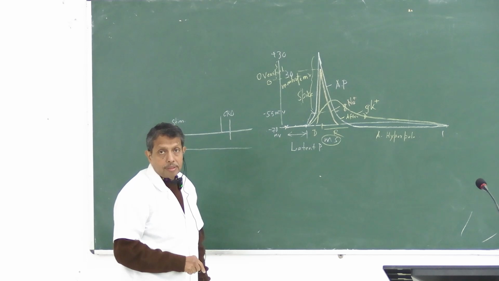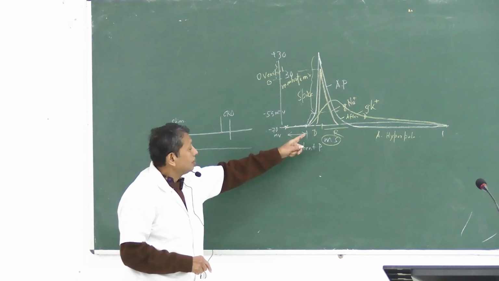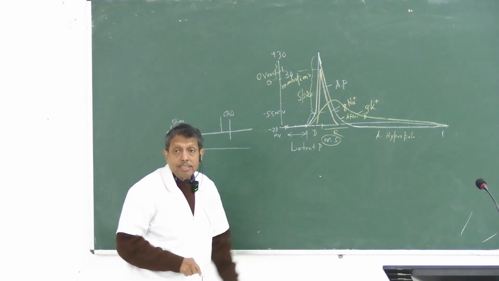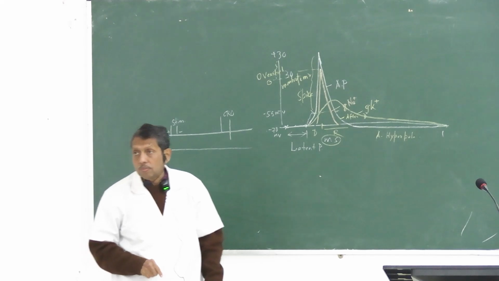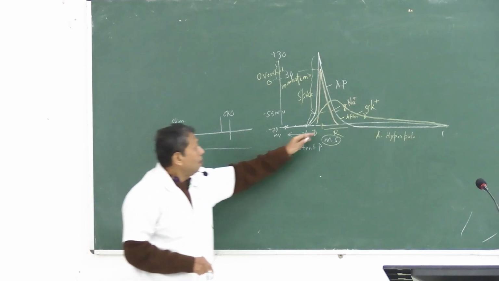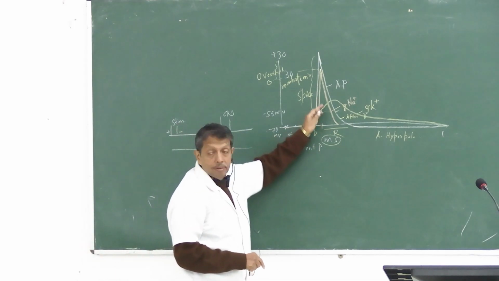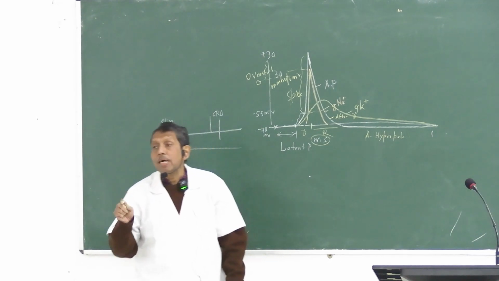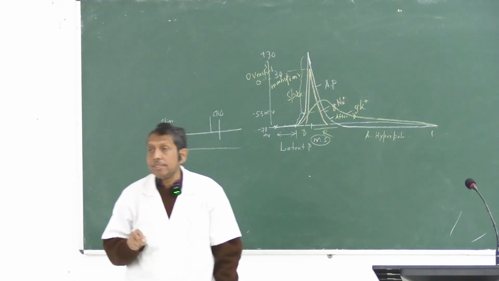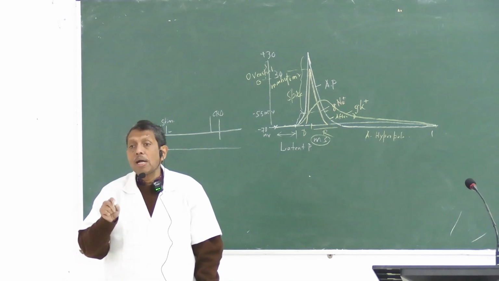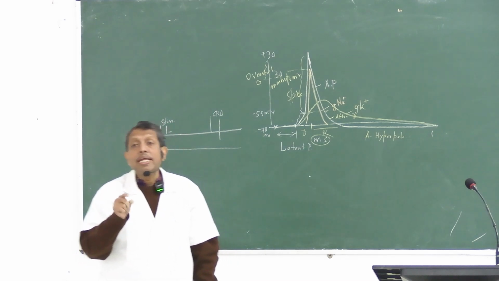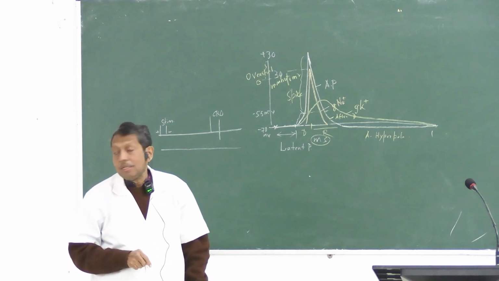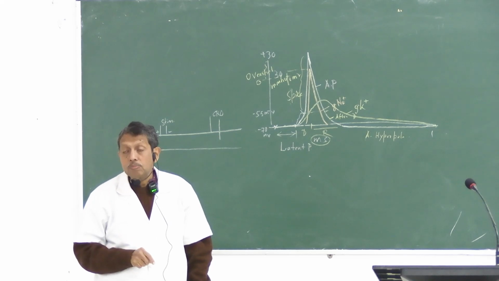And then repolarization starts, and it is due to exit of the potassium ion. Sodium channels open quickly, and also rapidly become inactivated. It is one form of inactivation.